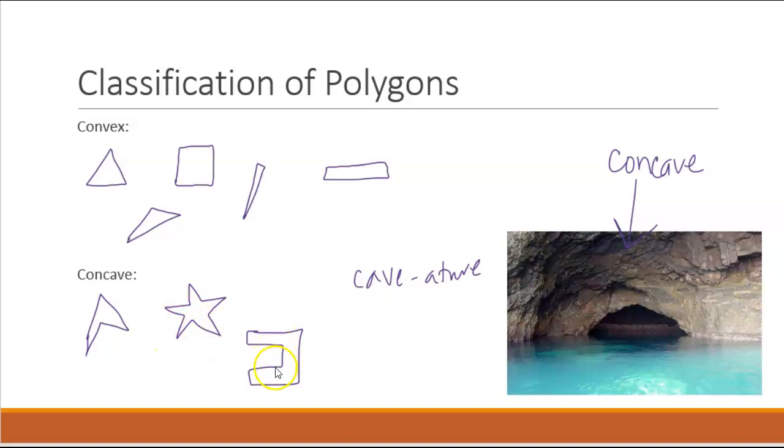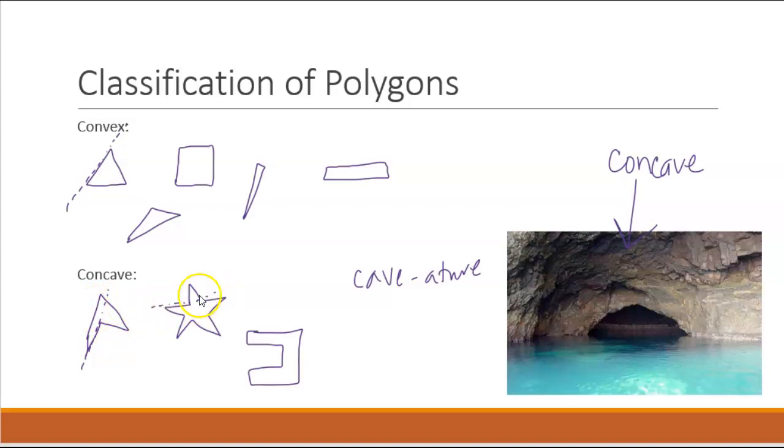They go inward. And so if you can draw a line along the edge of the polygon and it does not intersect the inside points of the polygon, then it's convex. So you can see here if I were to draw a line through this, it's intersecting the interior of that polygon, so that is concave.